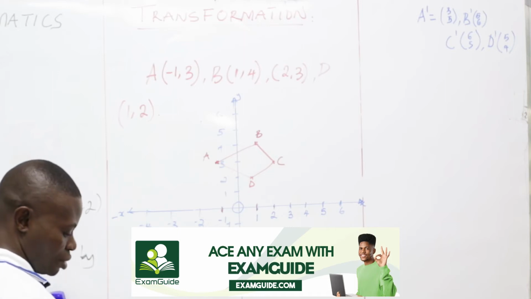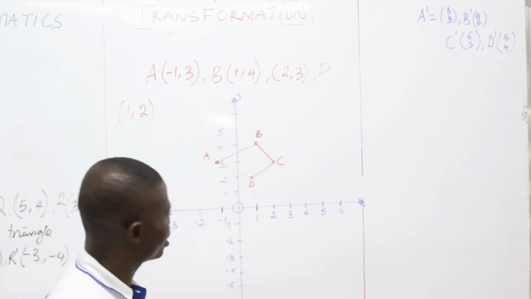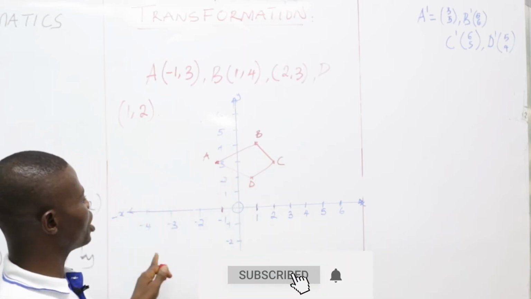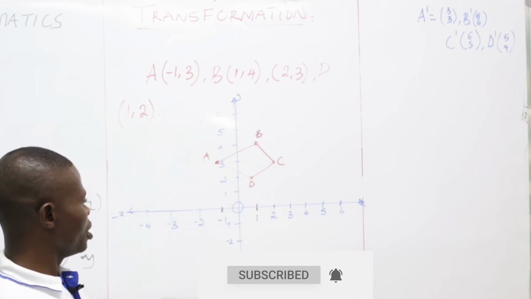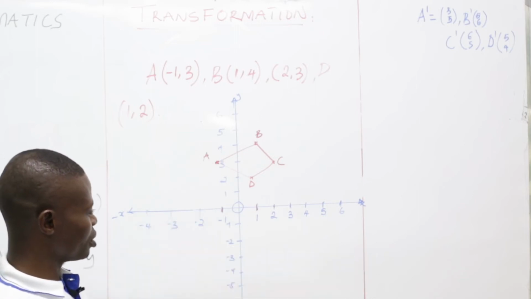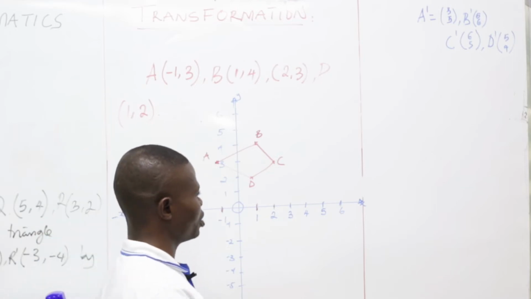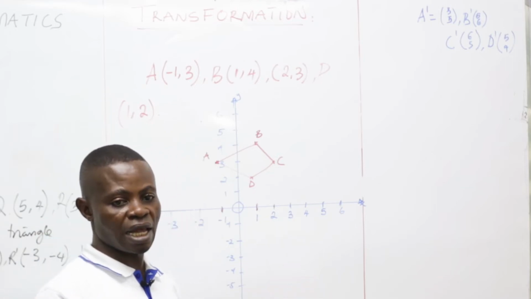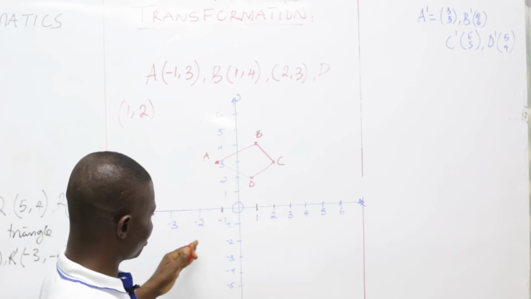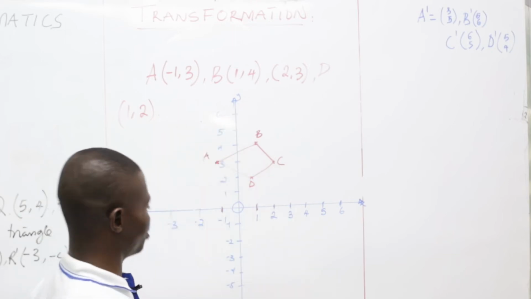Can you see it? This is the object given to us. Now let us see its image. Remember, you are dealing with translation. Translation, a movement in a straight line. That is what we agreed. Now let us see if indeed it is a translation.